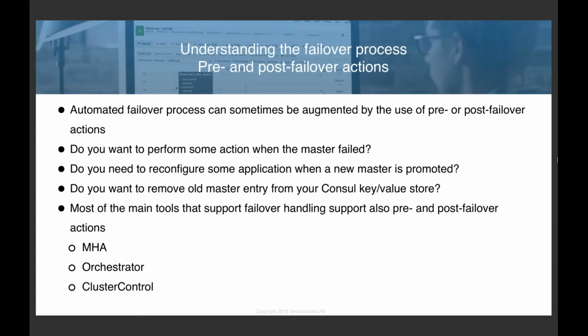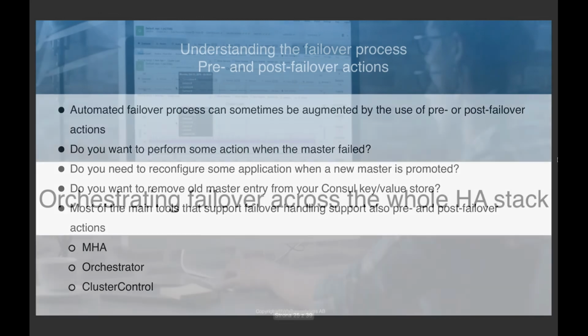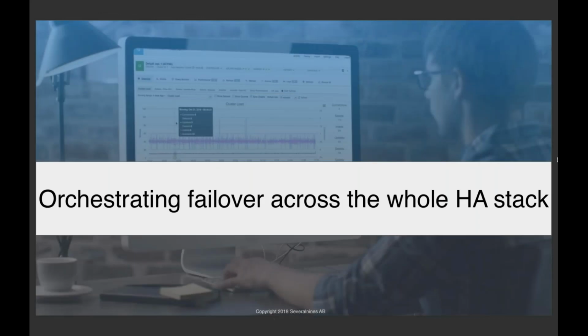What I mean here is that there are some hooks defined in the software that allow you to execute some additional code, programs, whatever, at a given stage of the failover process. So, for example, pre-failover: I just detected that the master has failed. I'm yet to perform a failover, but maybe the user wants to run some scripts and take some actions, right?